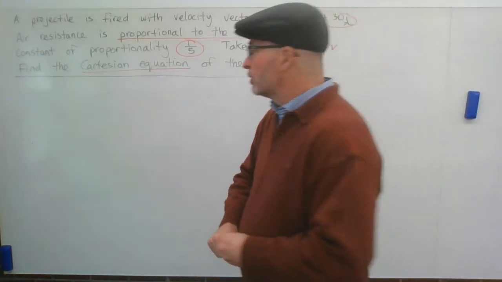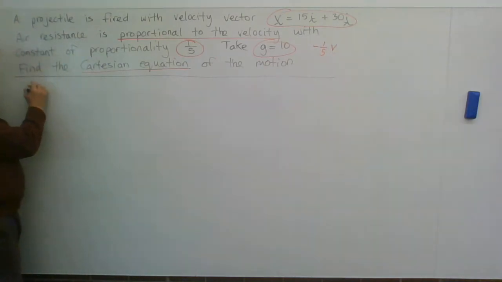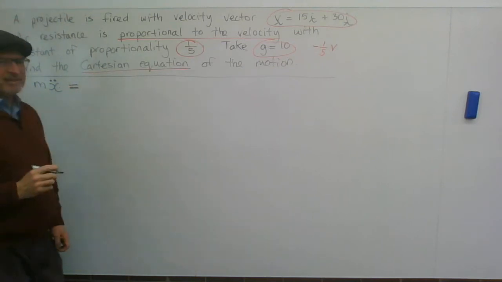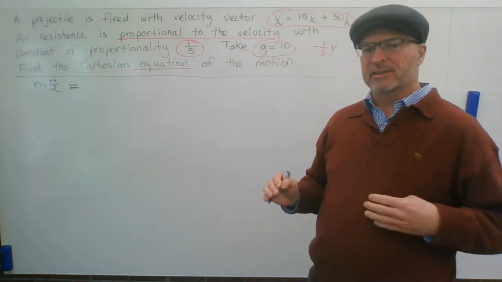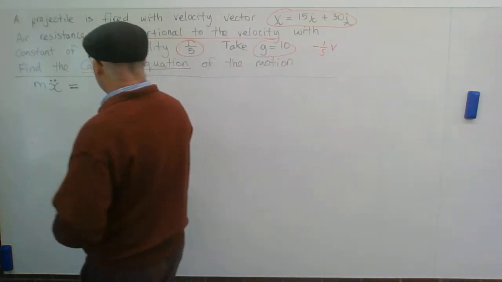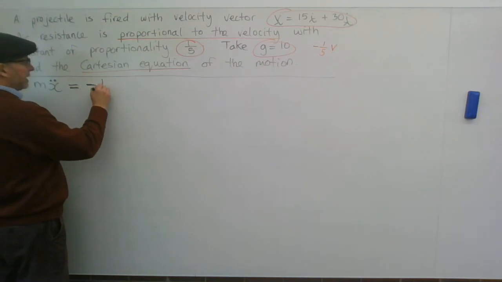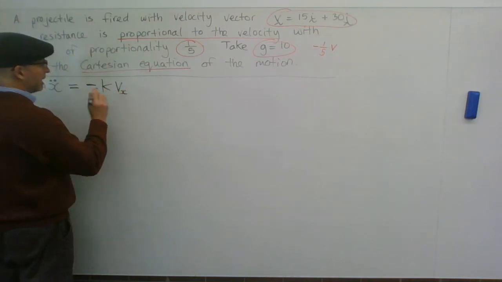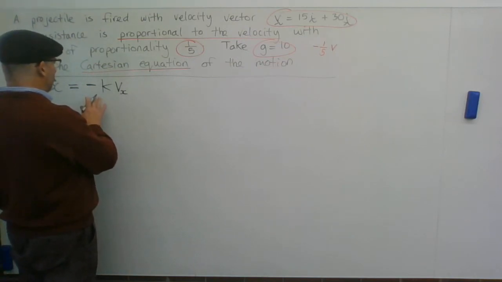So the first thing I'd like to do is start with horizontally. Horizontally, the overall horizontal force is equal to, now there's no gravity acting on it, so it's simply the air resistance acting upon this horizontally and in the opposite direction to the motion. So it's minus k times the horizontal velocity, which I'll call Vx, and that's times m, of course.